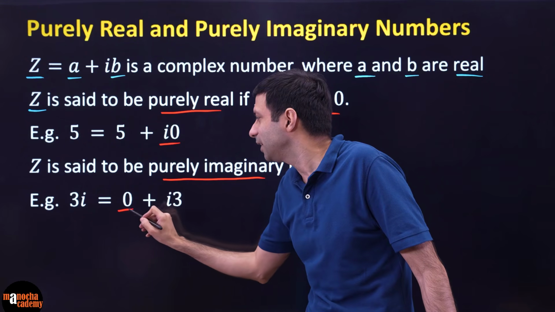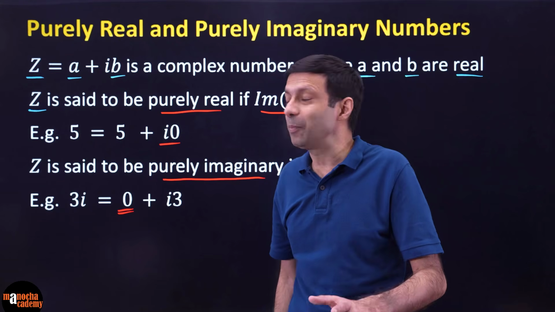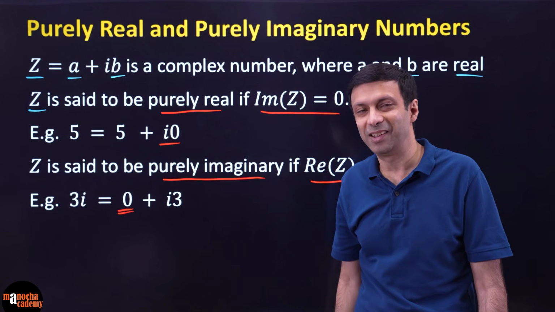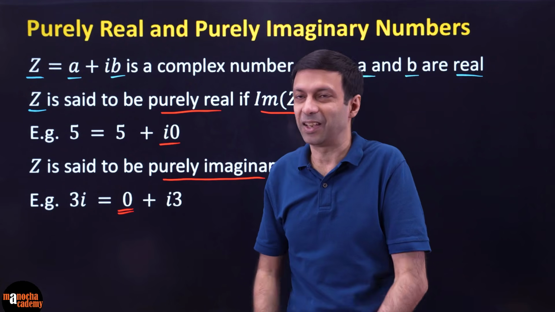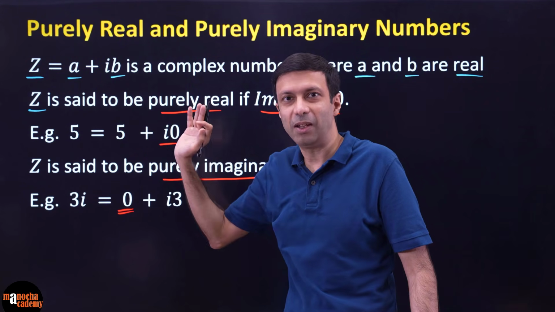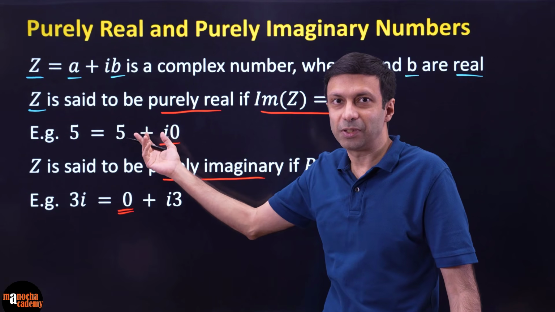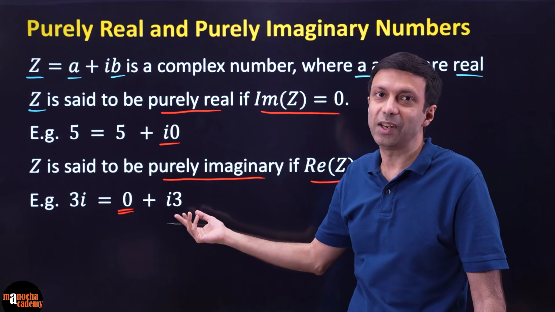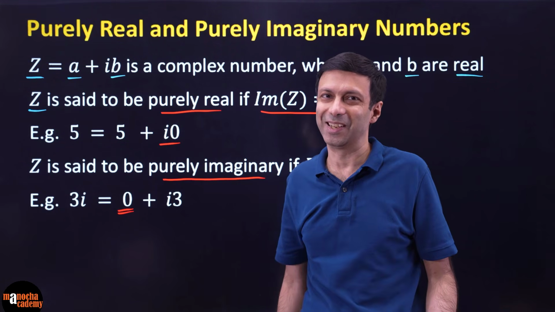So here you can see that the real part is 0. So when real part is 0, we say it is a purely imaginary number. Clear? So again, remember, complex number is the superset. It can be real number plus an imaginary part, so a plus ib, or you can have just purely real numbers, right, like 5, or you can have purely imaginary numbers like 3i. So that is what complex numbers are.